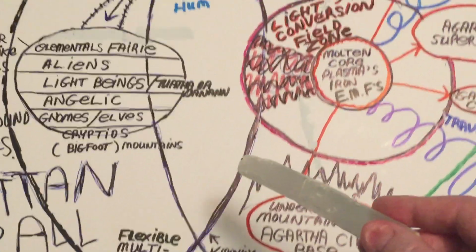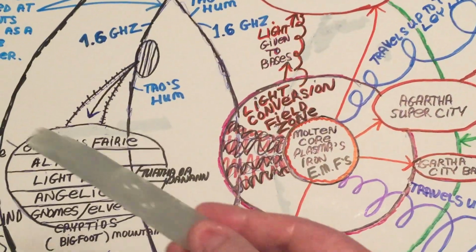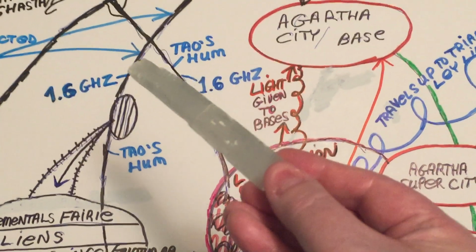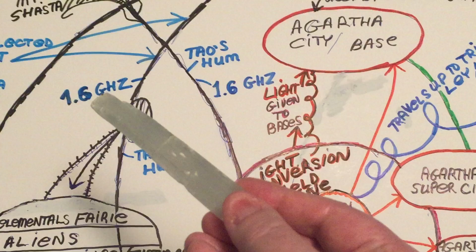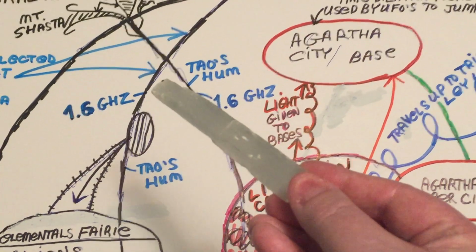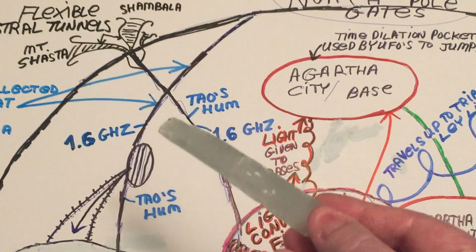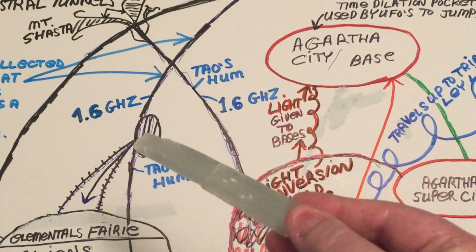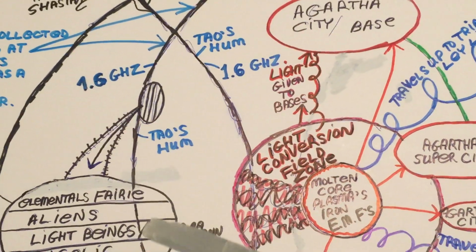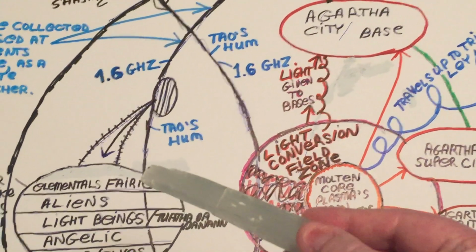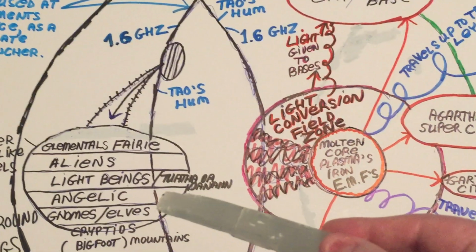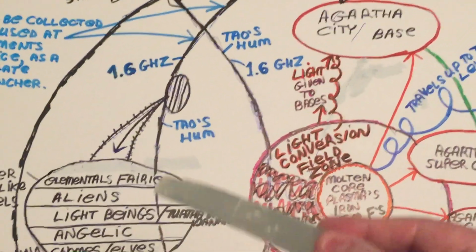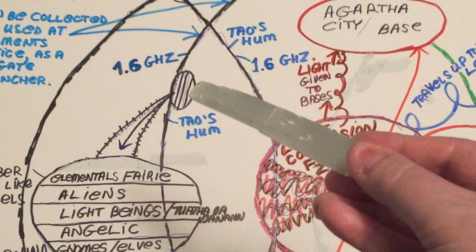These waves spin around the earth over and over again. They can be monitored by using the 1.6 gigahertz, which is a universal form of tracking these various gates when they open and close. I am suspecting, and I'm told, that certain people in the governments know about this, and it's sort of like a tracking system that they use.